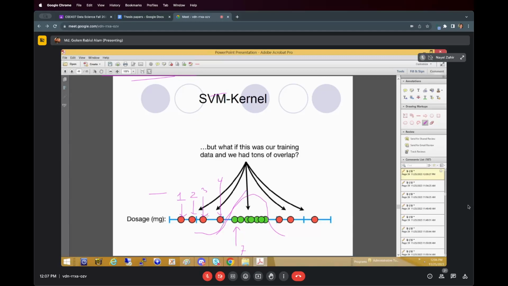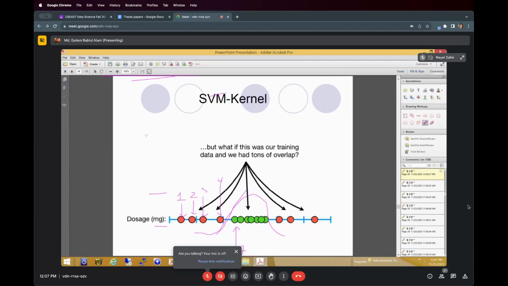These are just one dimensional data, the doses in milligrams: 1 milligram, 2 milligrams, 3 milligrams, 4 milligrams. So this is one dimensional data.